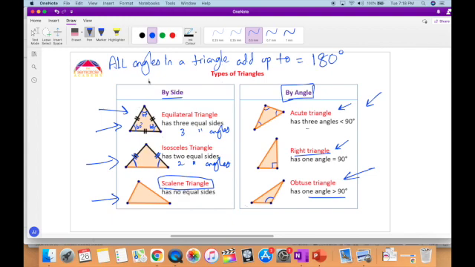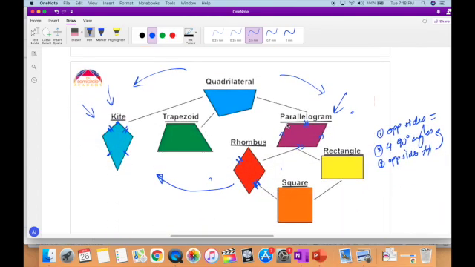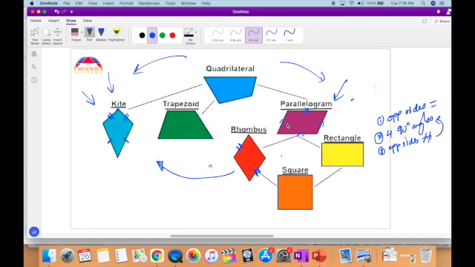So you can see here the equilateral triangle: 60 plus 60 plus 60 gives you 180. No matter the triangle, all of the angles inside a triangle will always add up to 180 degrees. Ariel, do you remember this from school? Yep. Alright, lovely. And since you remembered it, can you tell me what all of the angles in a quadrilateral add up to?